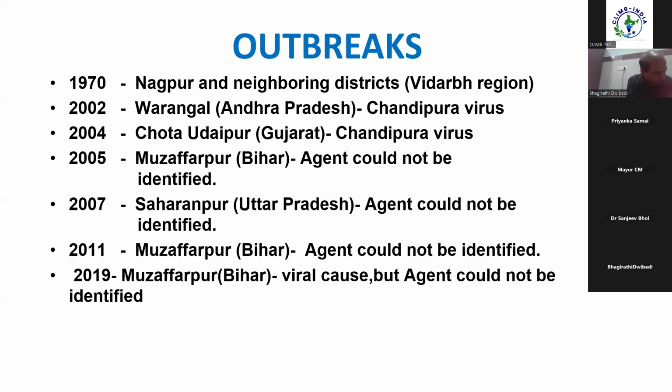And sometimes we also remain with no identification of the etiology. That remains always a challenge for us. But many times outbreaks are occurring in this country, time and again, with a diagnosis or without a diagnosis.